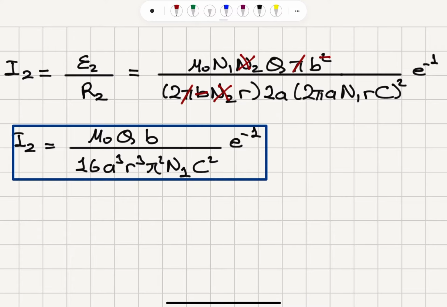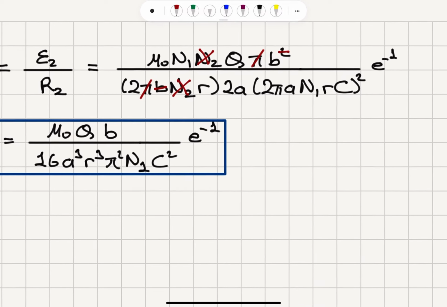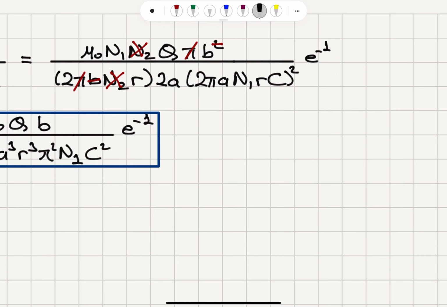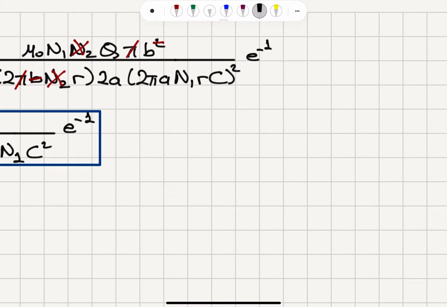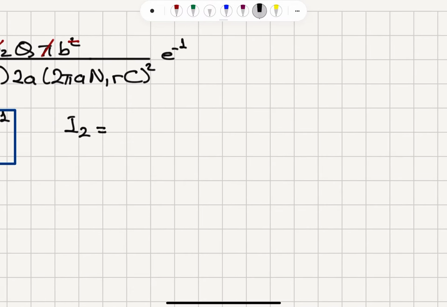Okay, so if I calculate this, I2 will be, for mu 0 I have 4 pi 10 to minus 7 henry per meter.